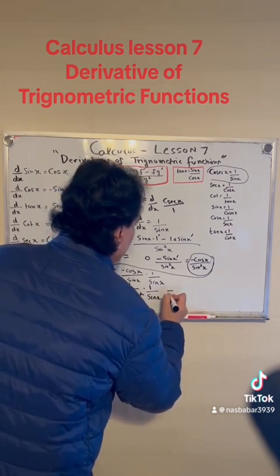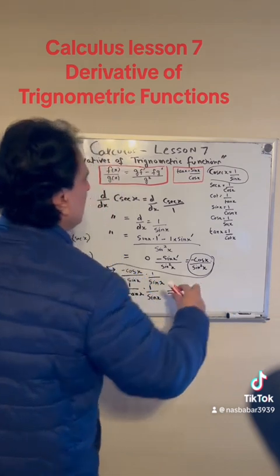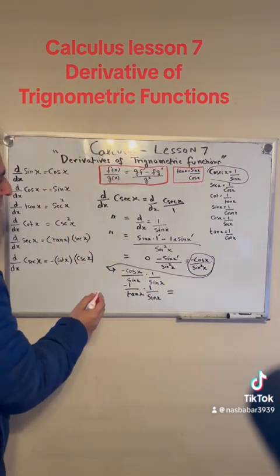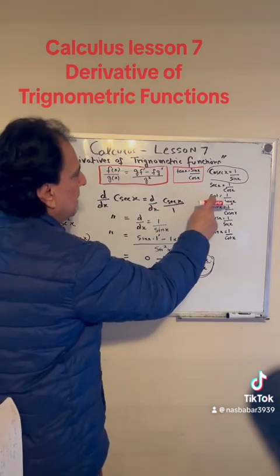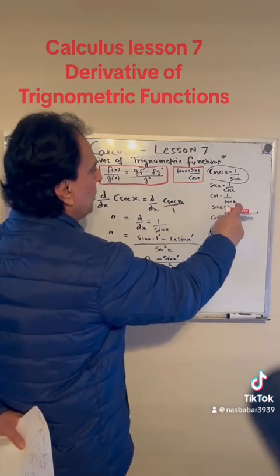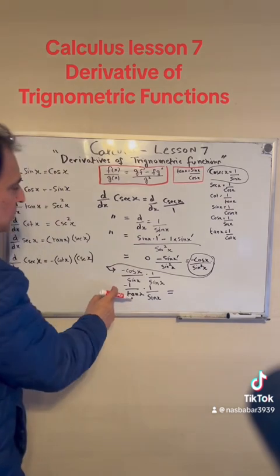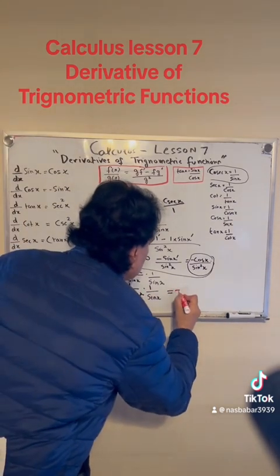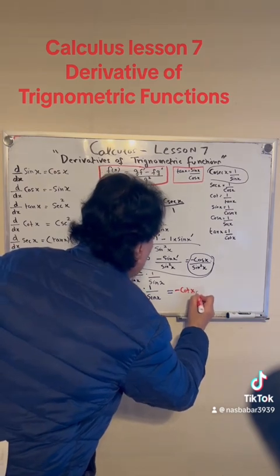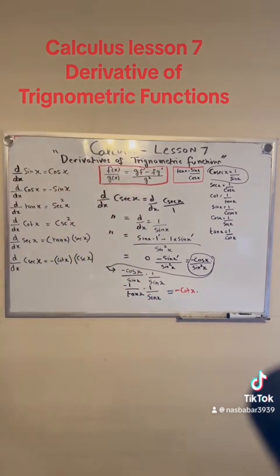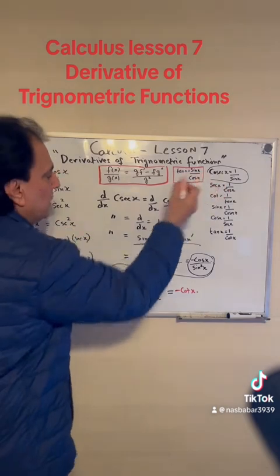Now carefully look and see what cotangent is right here. Inverse of tan is 1 over tan x. So I can replace this by minus cotangent x times, and 1 over sine is cosecant of x.